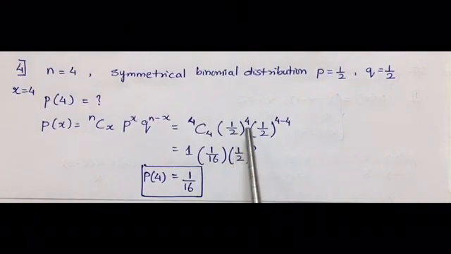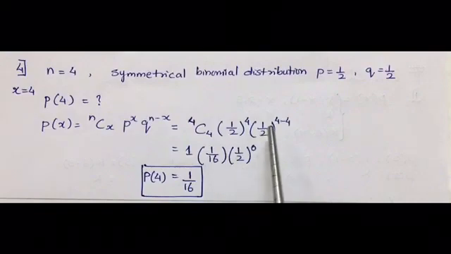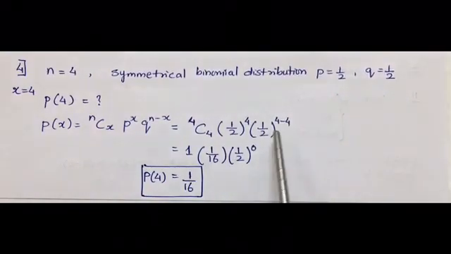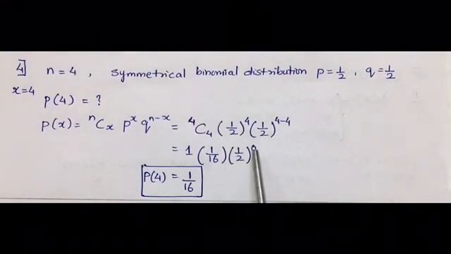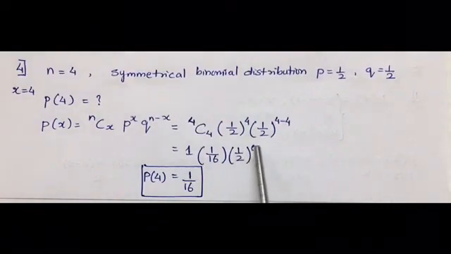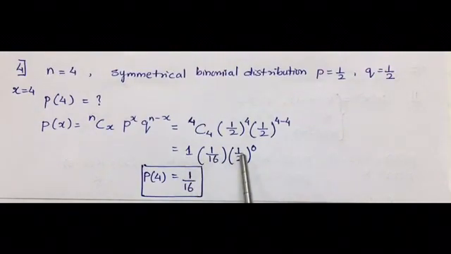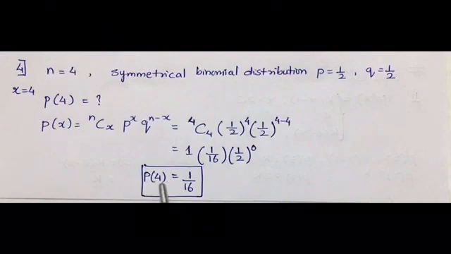If 1 by 2 is multiplied 4 times, it becomes 1 by 16. 1 by 2 raised to the power 0, this value will be 1. Any number raised to 0 is 1. So finally, if we multiply all these three, we get 1 by 16 as the value of P of 4.